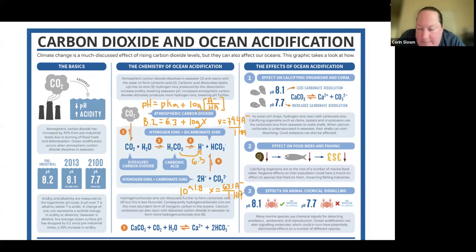And so when we have this increase in ocean acidification, or this increase in the amount of hydrogen ions, which means there's a decrease in the amount of bicarbonate, that makes it harder to build shells and to keep shells. So the shells are going to be more likely to dissolve.